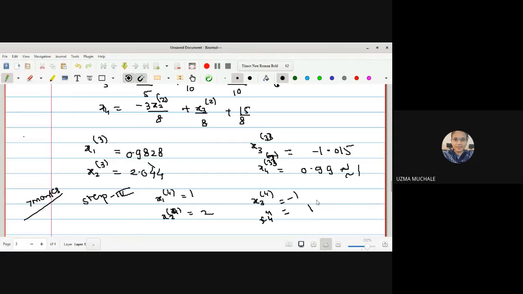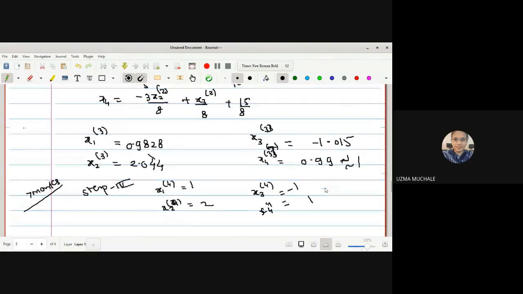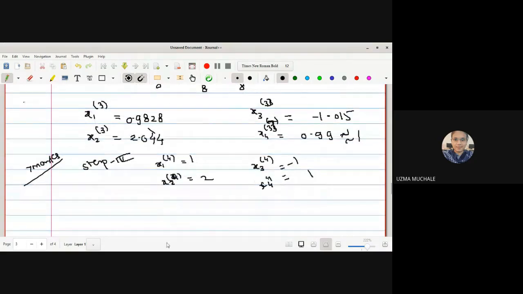Now you have to cross check whether the answer is correct. The values of x1, x2, x3 and x4 are the exact solution of the system: 1, 2, minus 1 and 1.